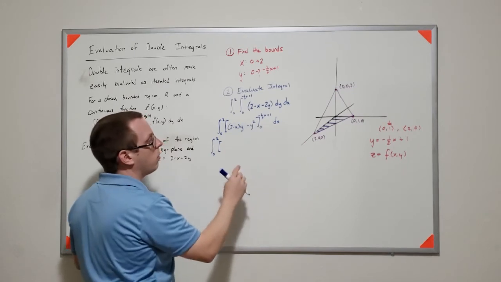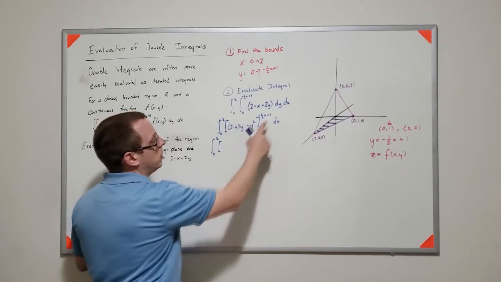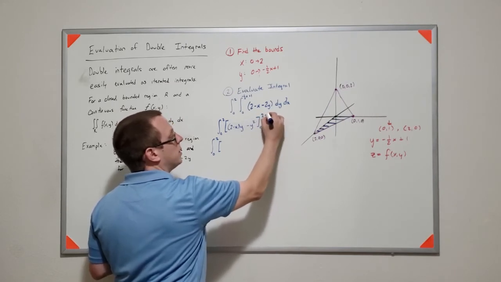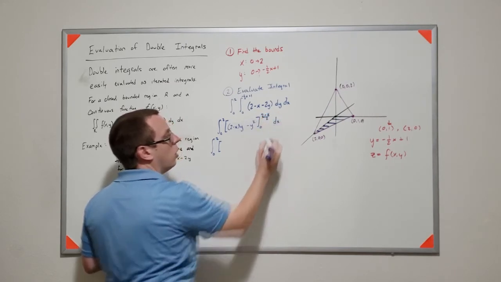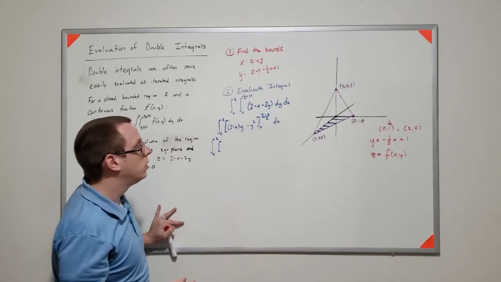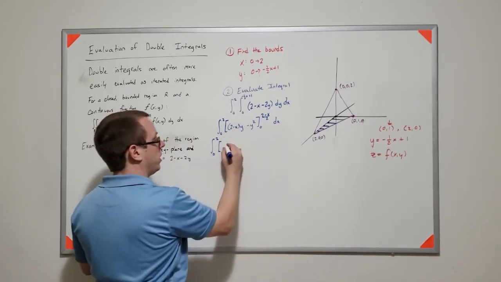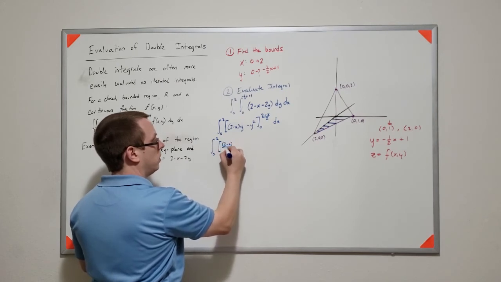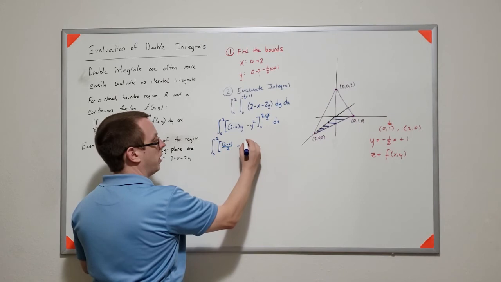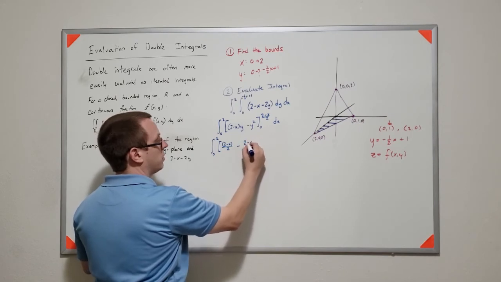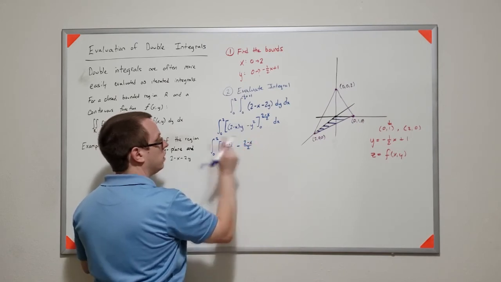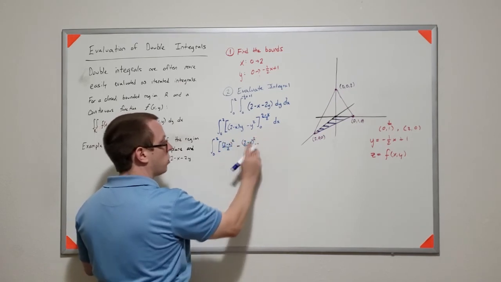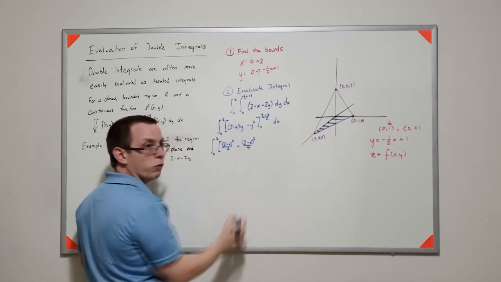Another thing you might do is write this as 2 minus x over 2. The reason why is because now when I plug this in, I get 2 minus x over 2, minus 2 minus x squared over 4, right?